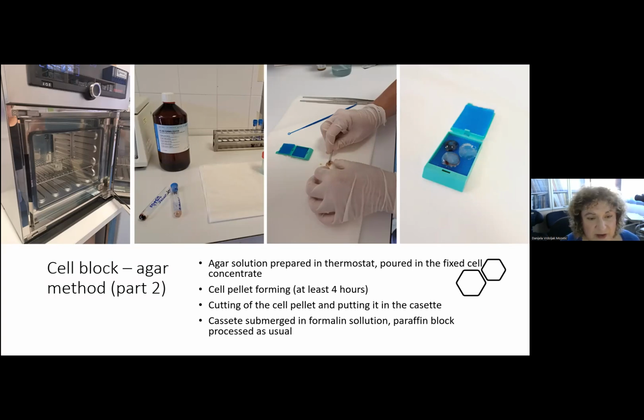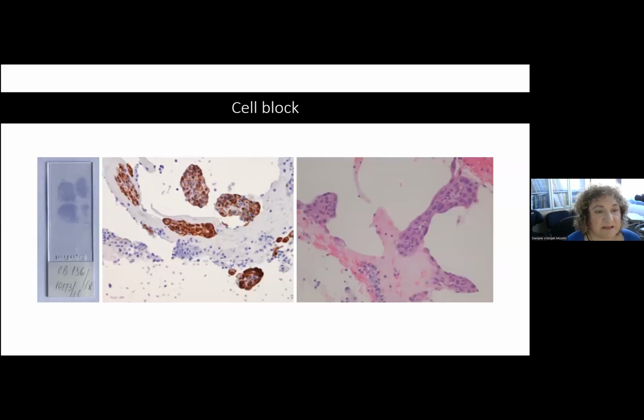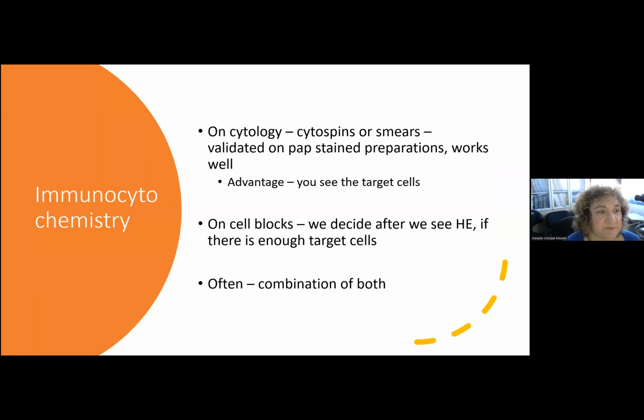We need at least 4 hours for that, and then we cut the set pellet usually in half and put the cut surfaces downwards in the cassette. So the cassette is submerged in formalin solution, and the paraffin block is processed as usual. So this is how it usually looks. It is really our standard procedure.